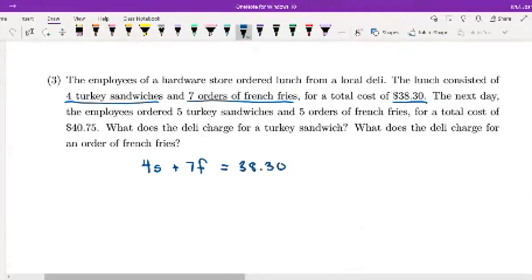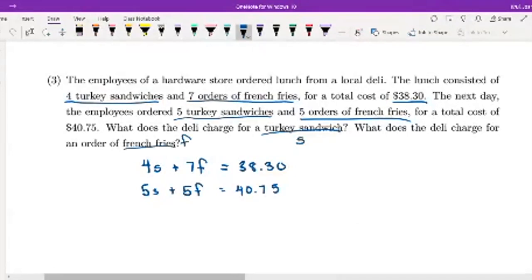The next day, the employees ordered 5 turkey sandwiches and 5 orders of fries for the total cost of $40.75. So what would the deli charge for a turkey sandwich, and what does the deli charge for an order of fries? So the sandwiches I'm calling S, and the fries I'm calling F.